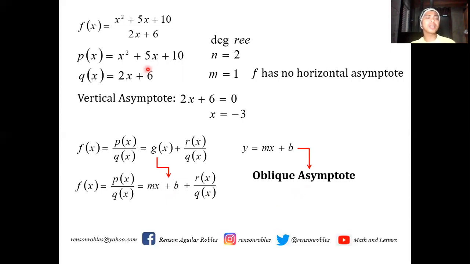Okay? So obviously this function f of x equals x squared plus 5x plus 10 all over 2x plus 6 has a vertical asymptote, and that is the line x equals negative 3. However, it has no horizontal asymptote. So what we are going to do now is identify whether this function has an oblique asymptote.